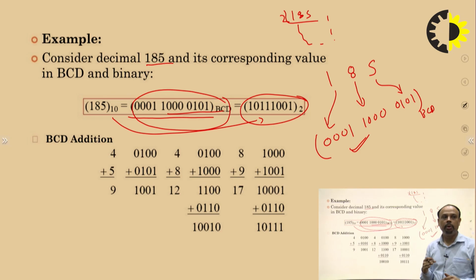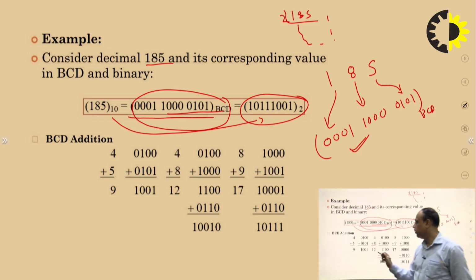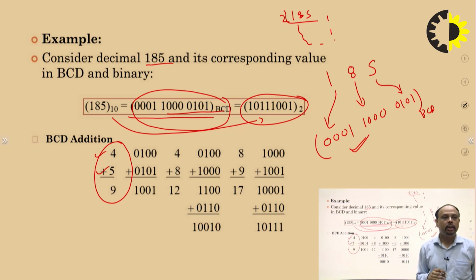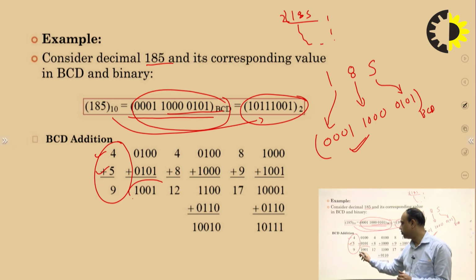But if we perform addition in the case of BCD numbers, there are 3 different cases with which we have to deal. The first case is that if the summation of the two BCD numbers is less than or equal to 9, then there is no need for any correction, because BCD is easily represented with the help of a 4-bit number, which goes maximum up to 9.